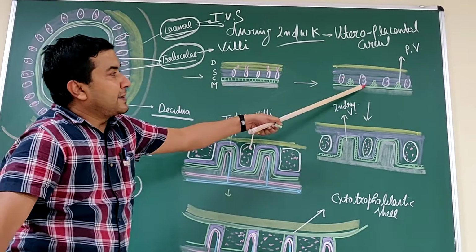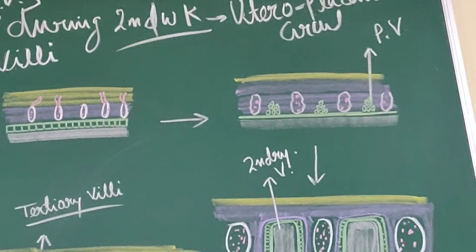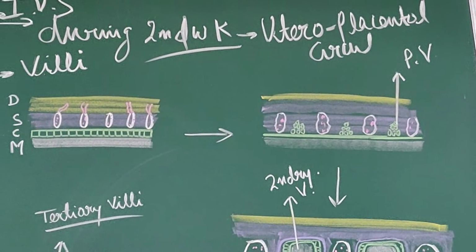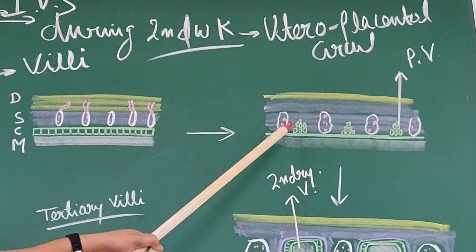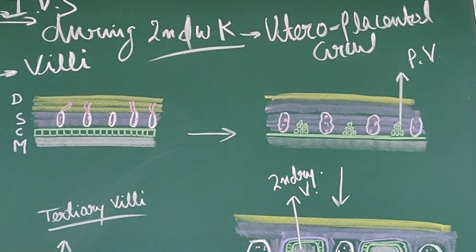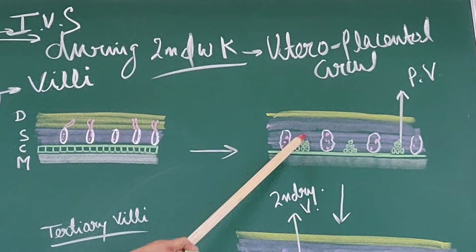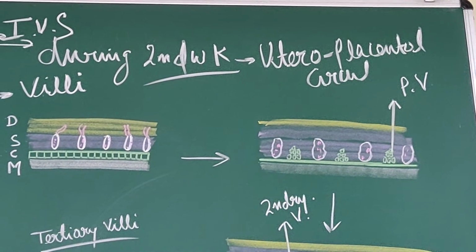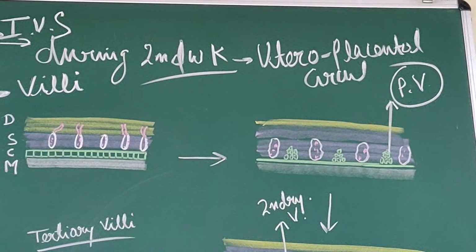Now with further development, these colors represent the various layers. We see these cytotrophoblast cells proliferate and project into the syncytiotrophoblast. Now this is the beginning of the villi.